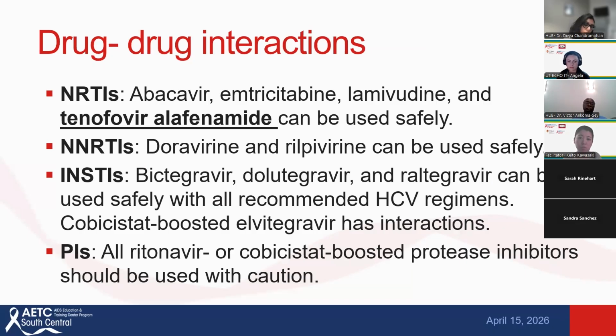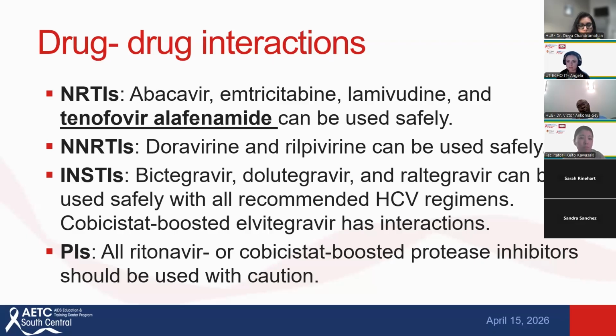There is one older drug called elvitegravir, which always needs to be boosted with cobicistat, and that one has interactions. So for the vast majority of patients with HIV, they will be fine if they have an integrase inhibitor-based regimen, because most commonly we use bictegravir, dolutegravir, or raltegravir these days.